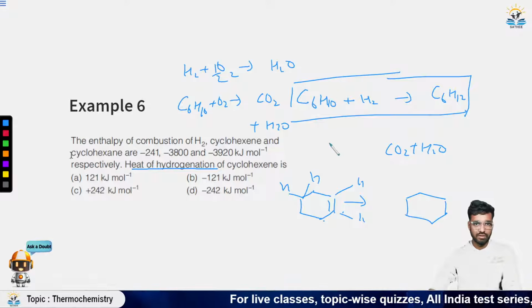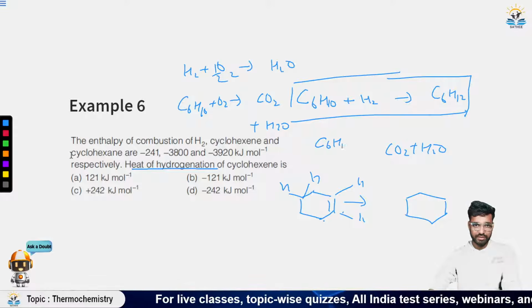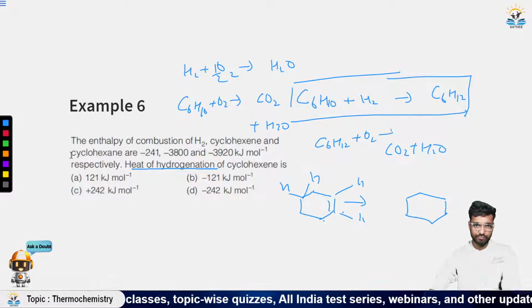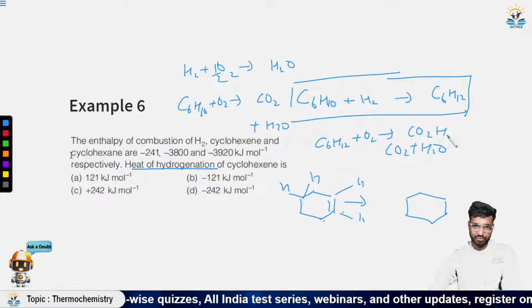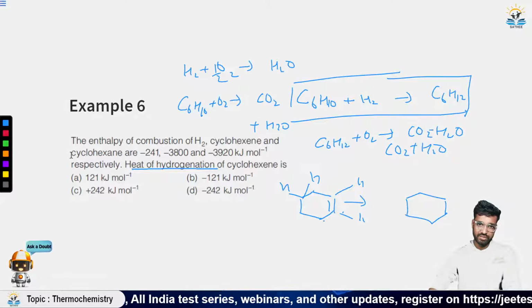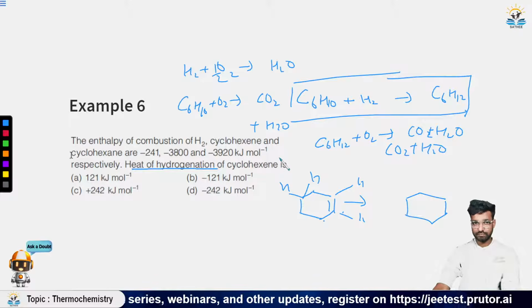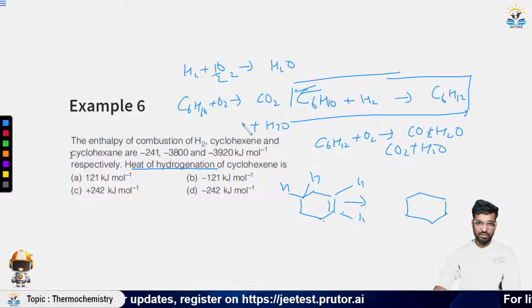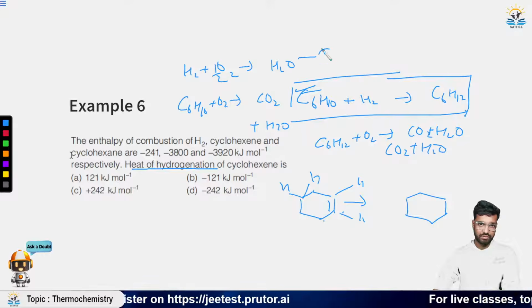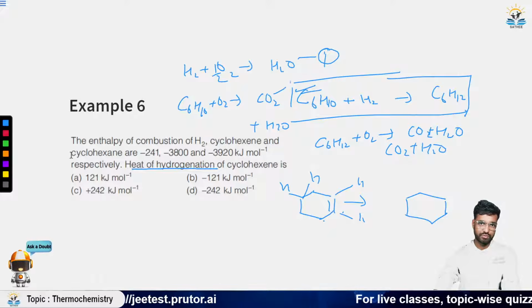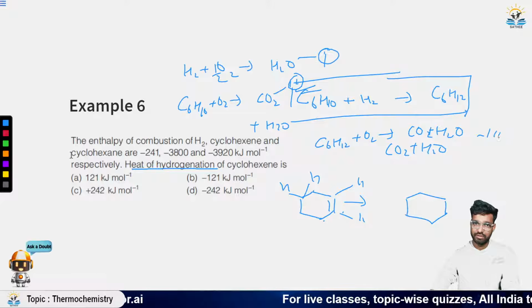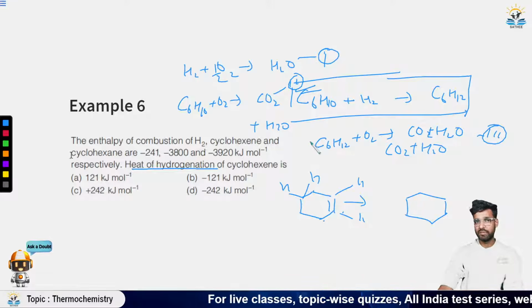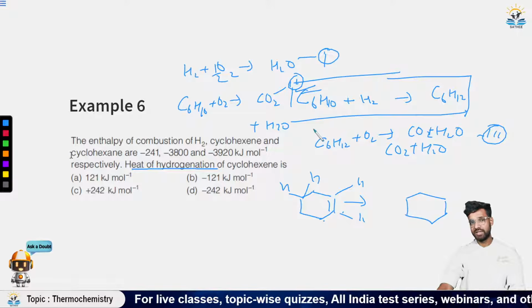Then we have the C6H12 plus O2, which gives CO2 and H2O again. Now we have these equations, and the only thing we want is this one. So this is equation 1, equation 2, equation 3.